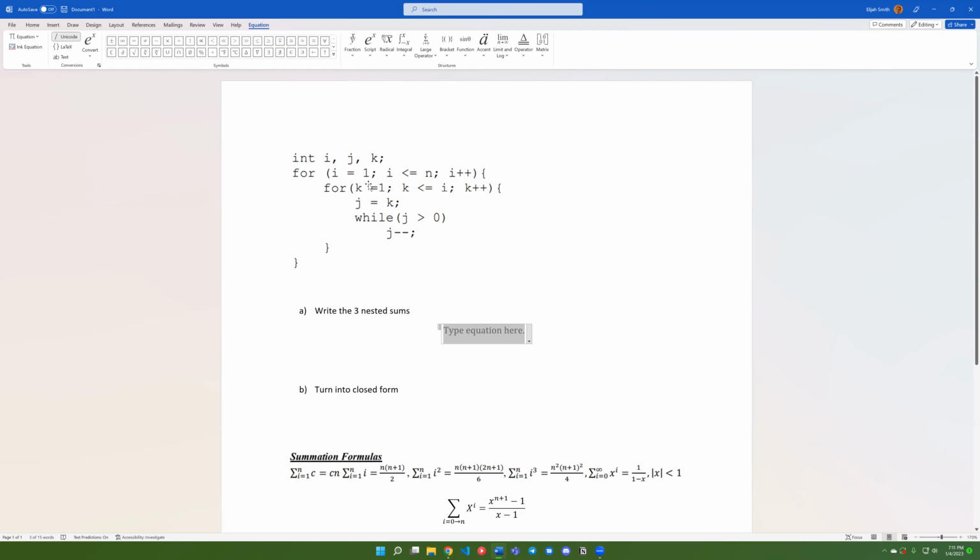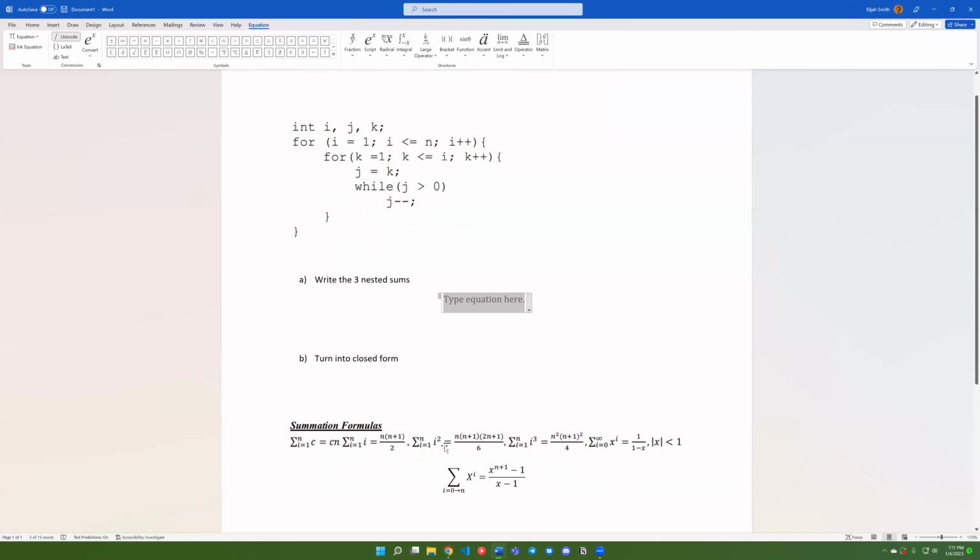So if we have a loop, essentially what we're saying is we're gonna run this loop n times, and then we're gonna run this inner loop based on whatever the current value of I is. And what this should tell you is that the inside of your summation index here, which normally runs from I equals 1 to n, is going to be generally based on the four conditions here.